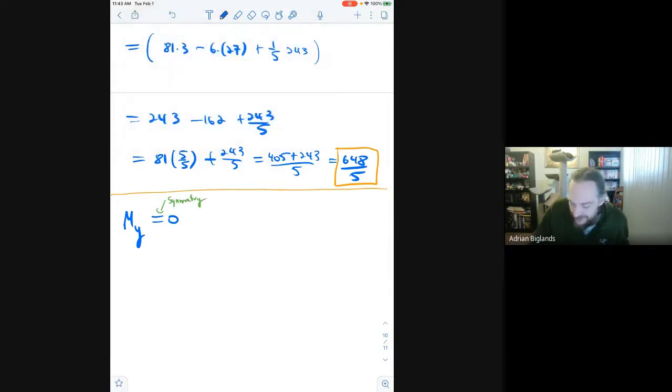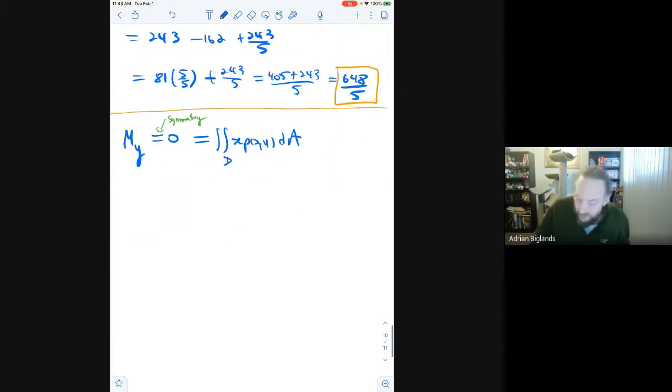But if you don't notice that, it's also going to have to equal the double integral over the region D of x rho xy dA, which will be equal to the integral. I can still set it up for you. Integral from negative 3 to 3, the integral from 0 to 9 minus x squared of x times y dy dx, which is equal to blah, blah, blah.